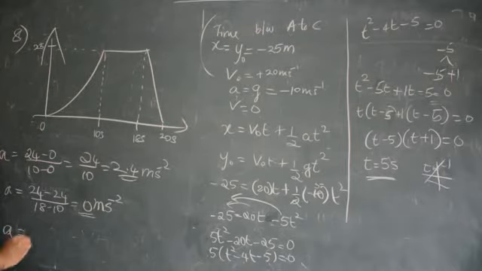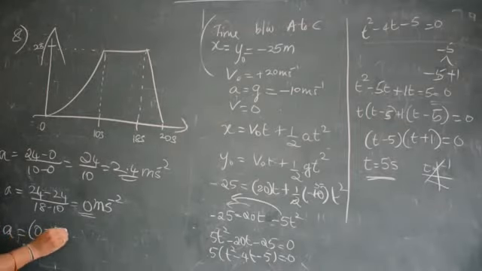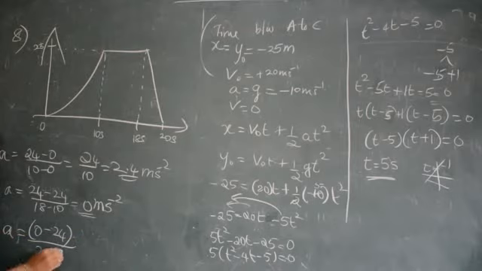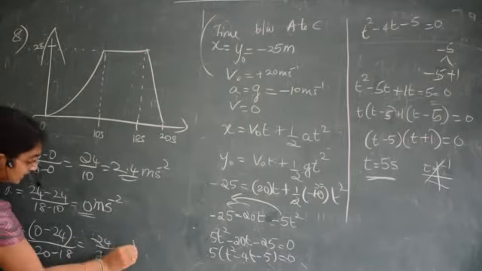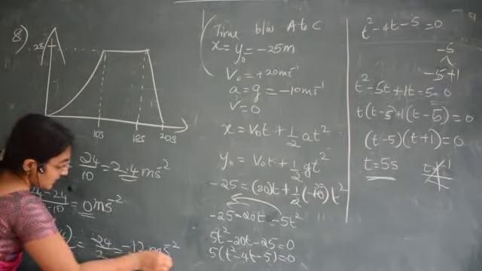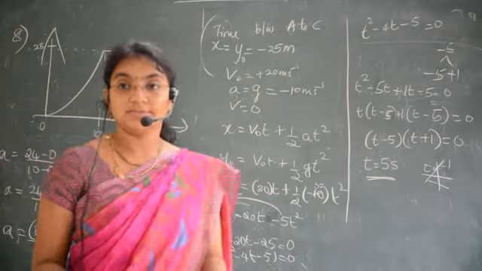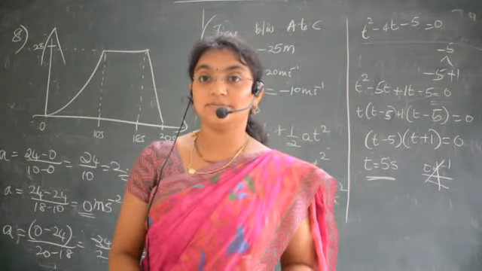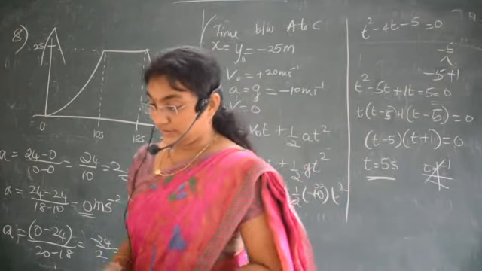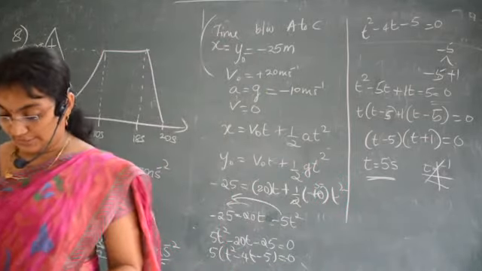So final is 0 minus 24 divided by 20 minus 18, that is minus 24 divided by 2, equal to minus 12 meter per second square. Understood how to solve? This is how you can solve this graph. Any doubts? Yes. So this is one way to solve the problem.